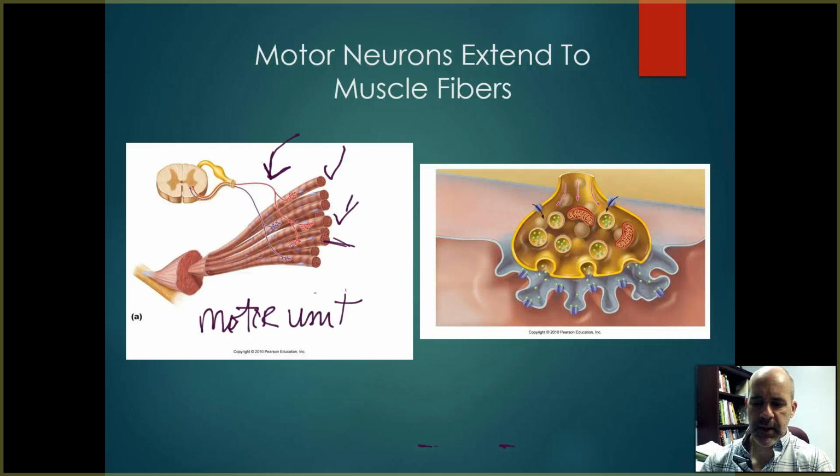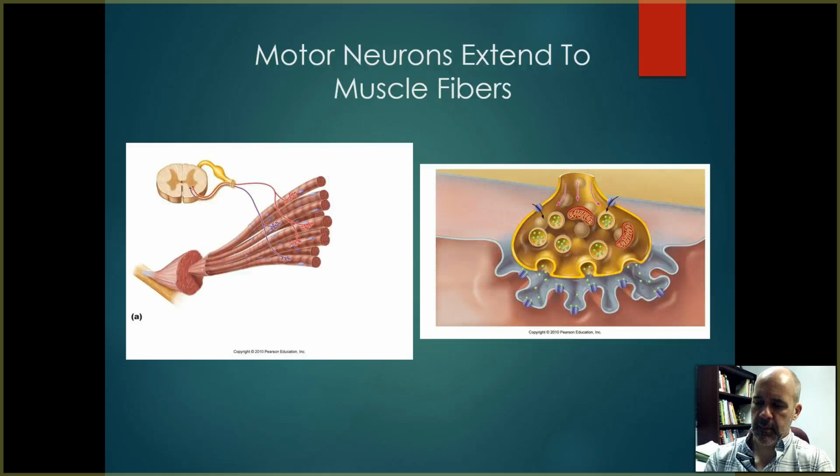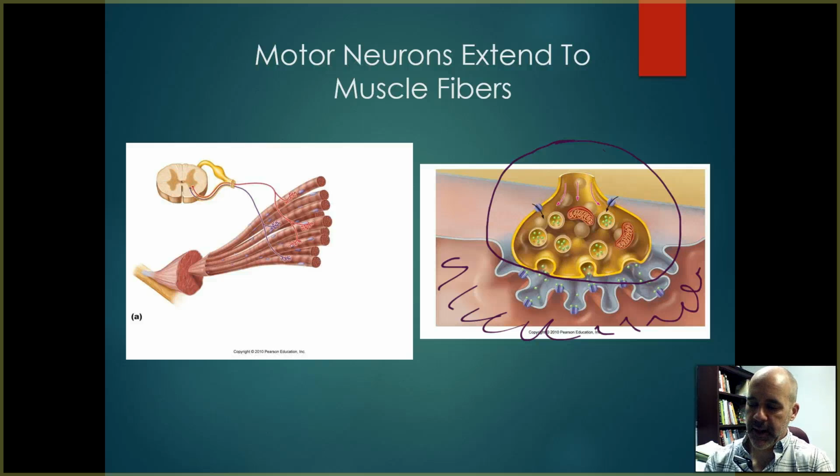Okay, and then over here on the other part of the diagram, all right, remember this, this should look pretty familiar. That is an axon terminal or a synaptic knob, so that's at the very end of an axon. And over here in pink, we're looking at part of a muscle fiber here, and here's the sarcolemma.